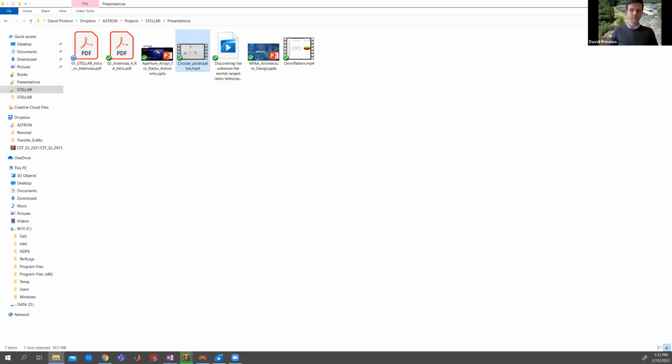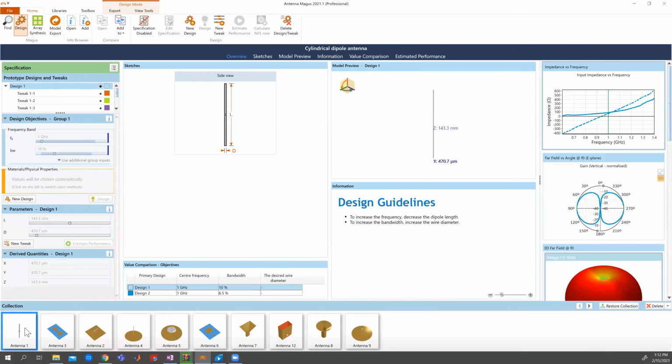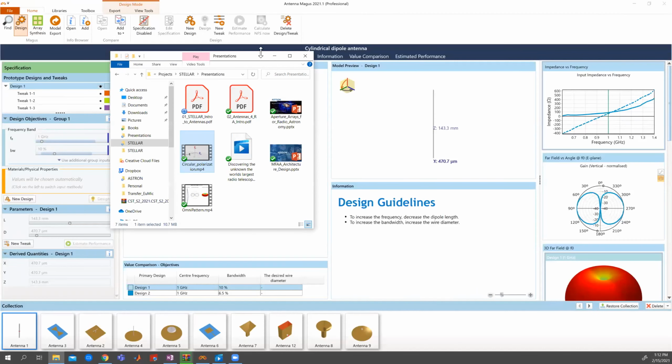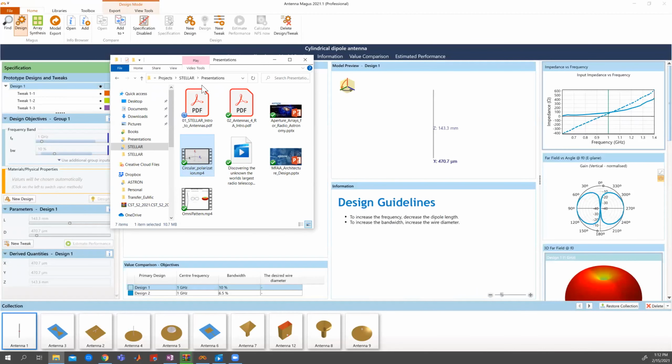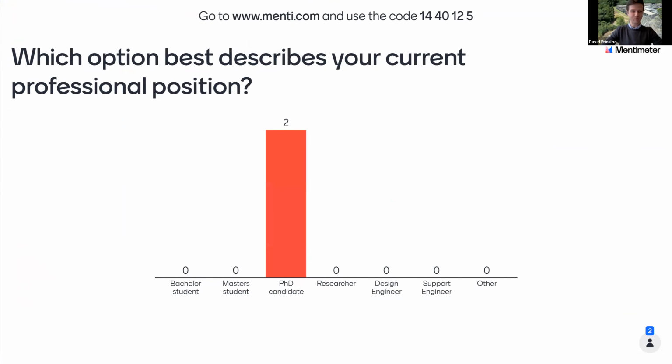Sorry, could you repeat the website? Oh, I see your screen now. Sorry, do you mind going back to the slide with the code on it? Yeah, apologies for that. There we go. Some of you can see that.